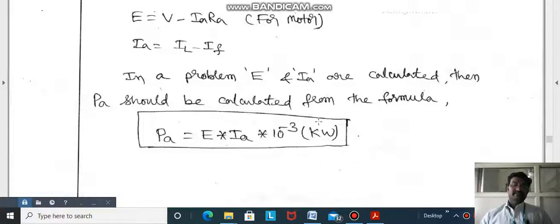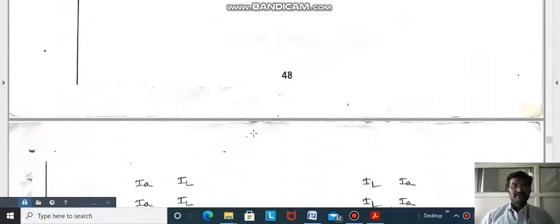That's the output equation of the DC machine. From this equation only, we are going to find the values of D square and L for the output equation.